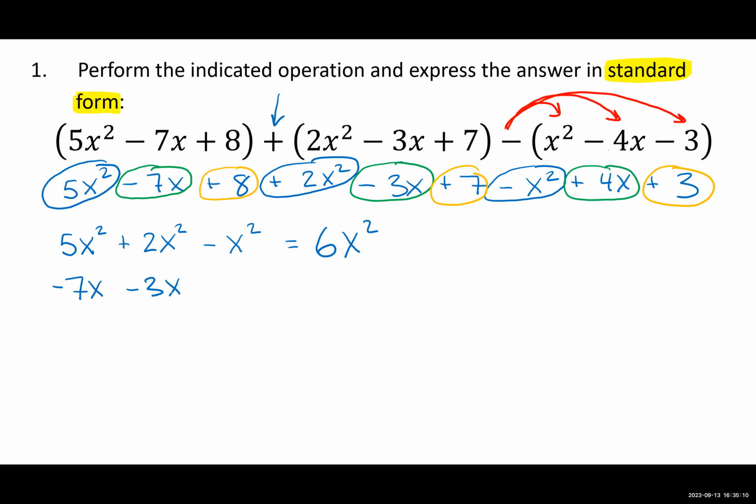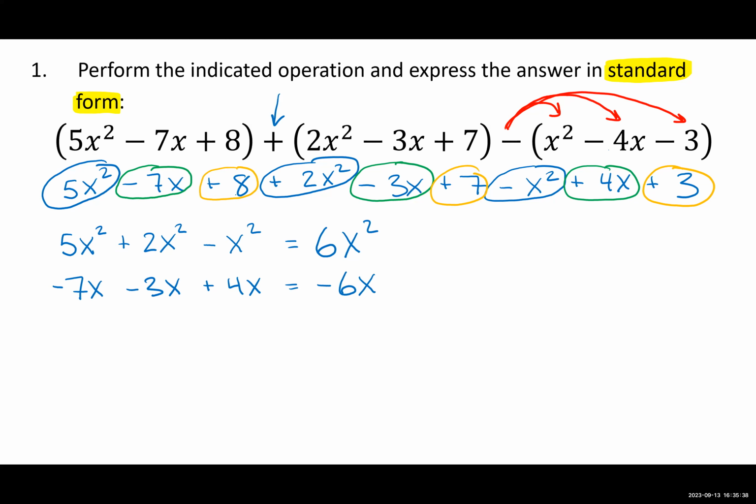So if we combine these like terms, we've got negative 7 x's, minus 3 x's, that's negative 10x, plus 4, that should give us a negative 6x.